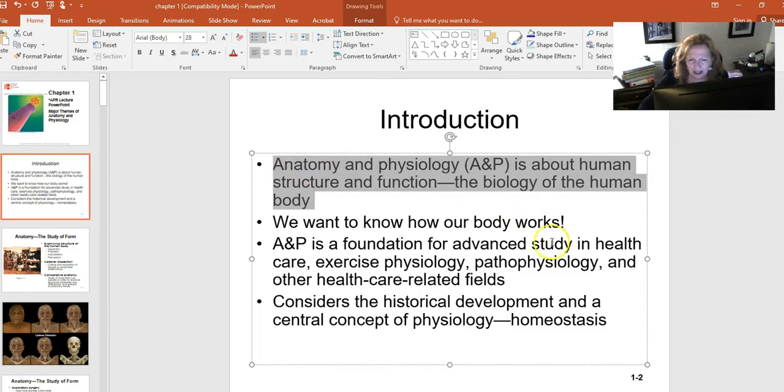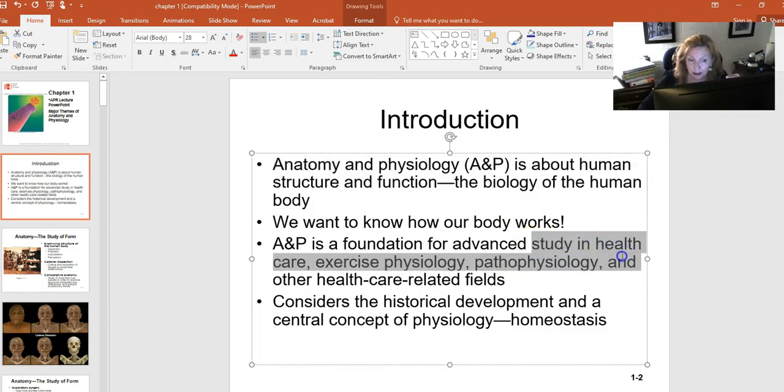This is certainly our core science in the healthcare field, whether you are going into physical therapy, radiology, nursing, or physician assistant. No matter what you're going into, this class is the foundation.